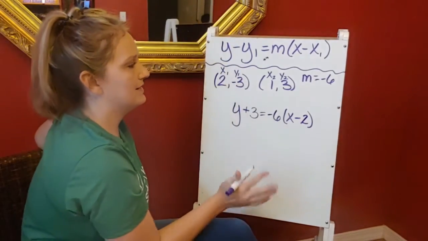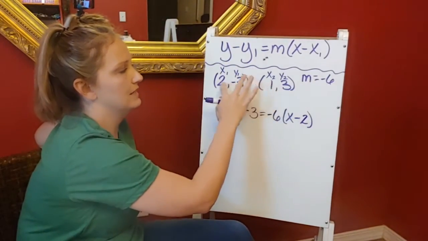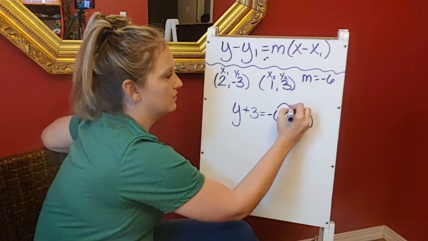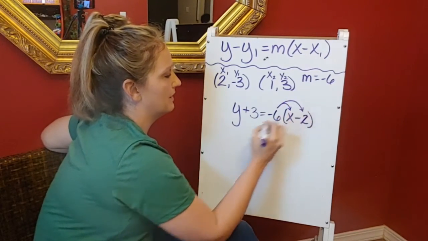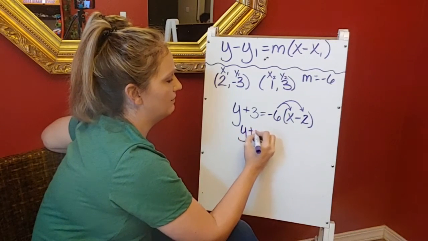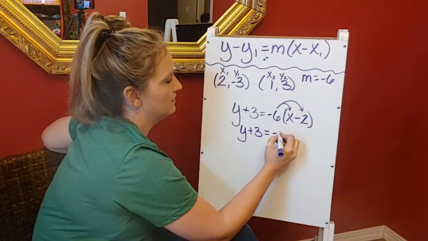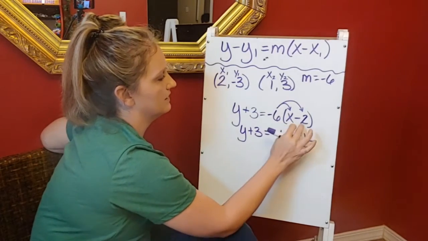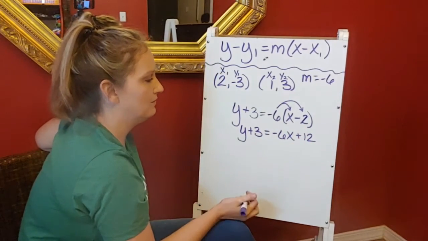Okay, I've done all my substitutions. I'm done with these points and slope. I'm just going to focus on this now. I'm going to distribute my negative 6 through my parentheses. So y plus 3 equals negative 6x plus 12, because negative 6 times a negative 2 is a positive 12.